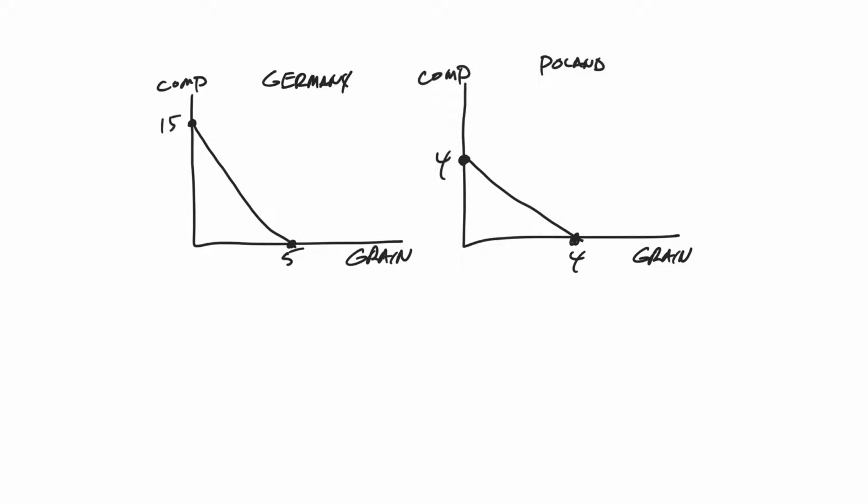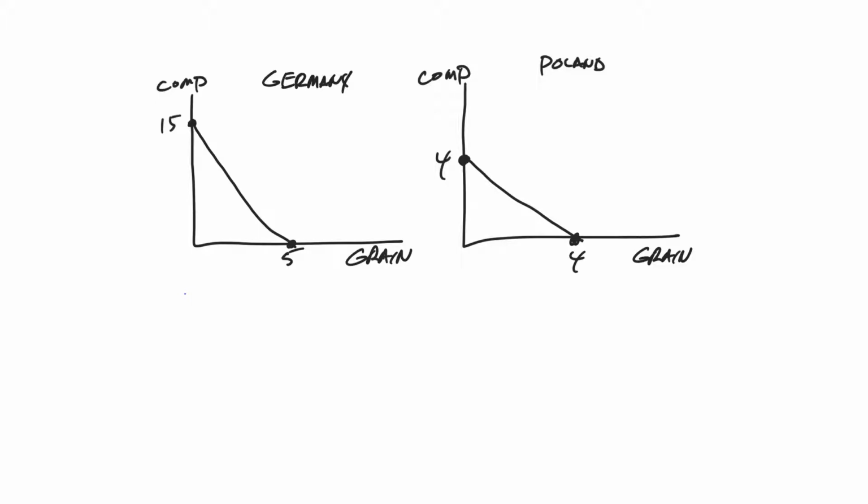However, trade turns on comparative advantage, not absolute advantage. So we're going to figure out who has the comparative advantage of each good. Let's start with grain. What we want to do is find the opportunity cost of producing a unit of grain.